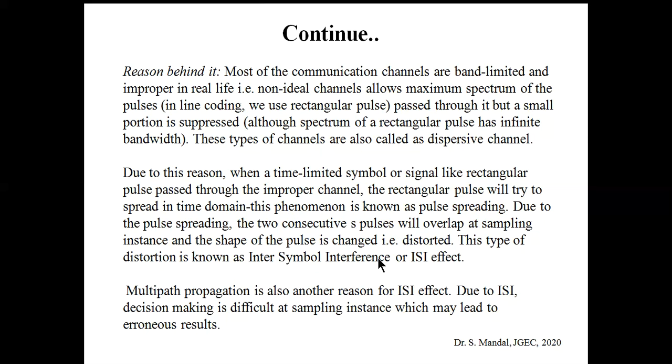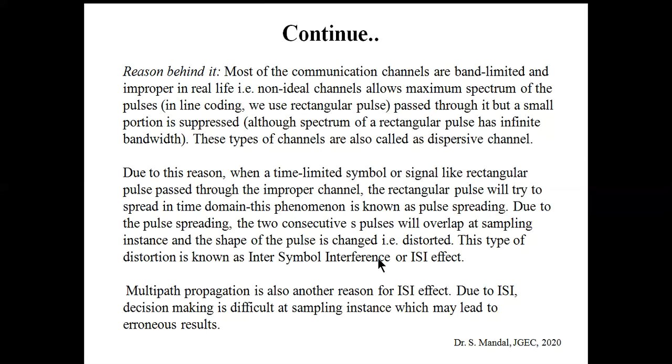Normally in line coding techniques we use rectangular pulses, and we all know that the Fourier transform of a rectangular pulse is the sinc function, which has a theoretical bandwidth that is infinite. So in that scenario, a portion of the sinc function spectrum is suppressed. This type of channel is called a dispersive channel.